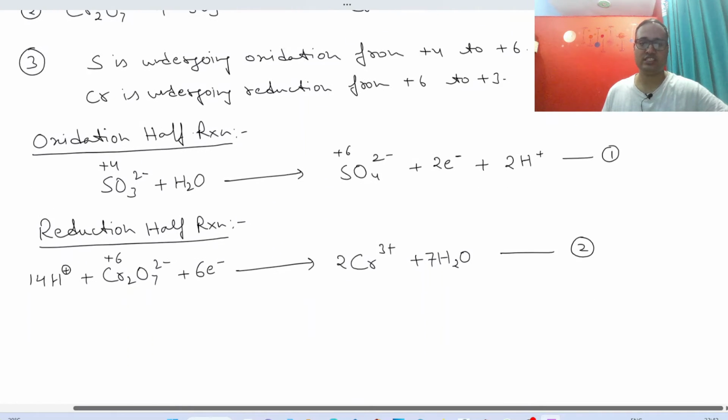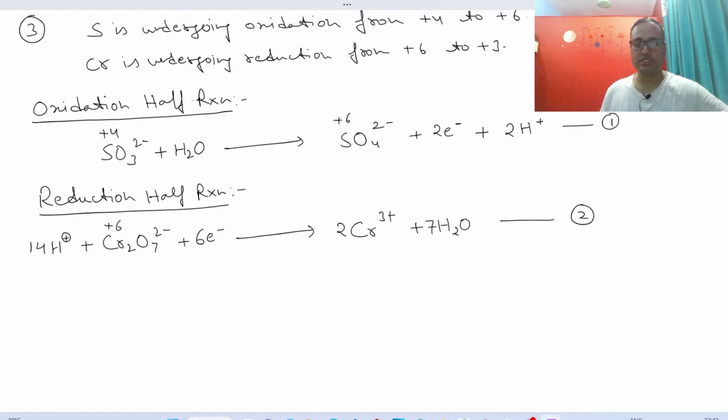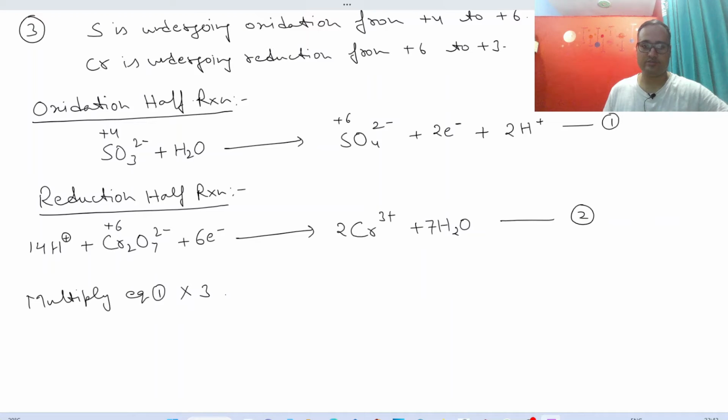Now in a redox reaction, the total electrons evolved in the oxidation half reaction must be equal to the electrons consumed in the reduction half reaction. So in order to equate the number of electrons in both half reactions, we multiply equation 1 by 3.